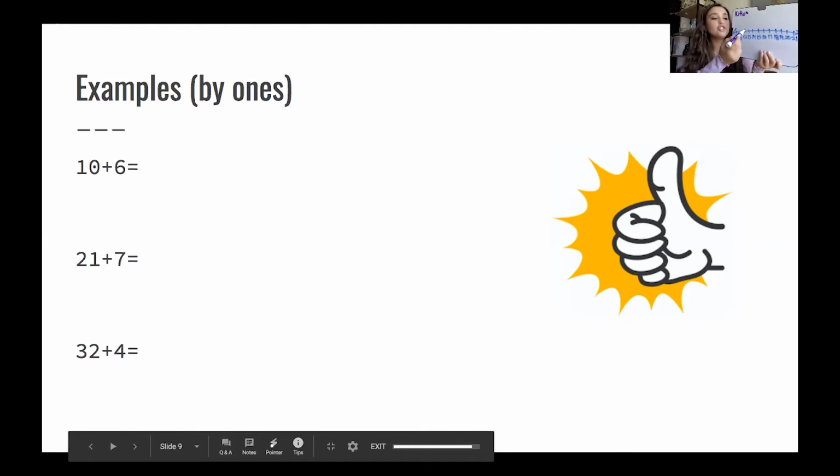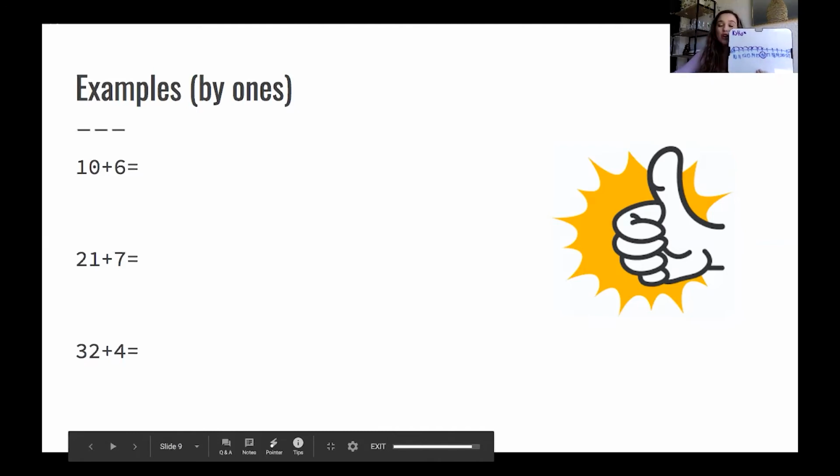So what we are going to do is hop over 6 times to find our answer. Let's do it together. Ready? 1, 2, 3, 4, 5, and 6. Great. So according to our number line, our answer is 16.